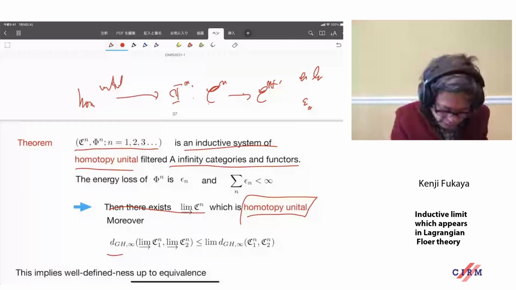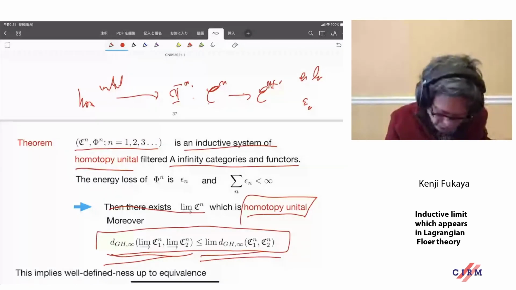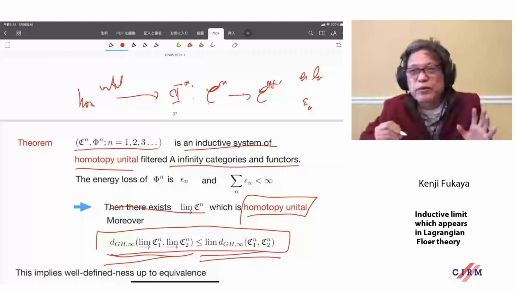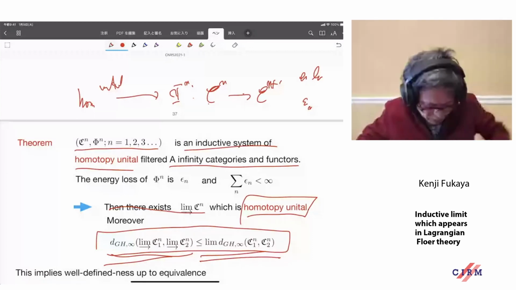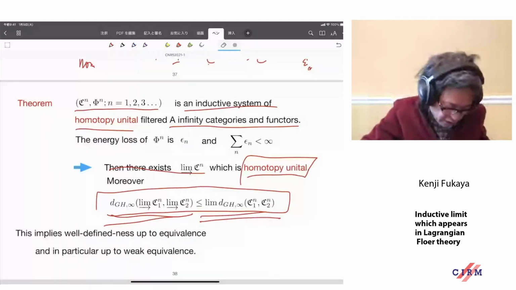Moreover, if you consider this Gromov-Hausdorff infinite distance, then the distance at infinity is estimated by the limit of the distances. So this proves well-definedness up to equivalence. But I don't like this equivalence yet because it is not an equivalence relation.